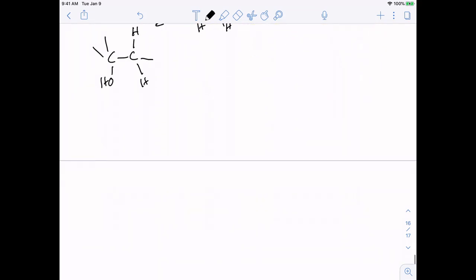Our last method, C, is hydroboration, followed by an oxidation step. So hydroboration oxidation.